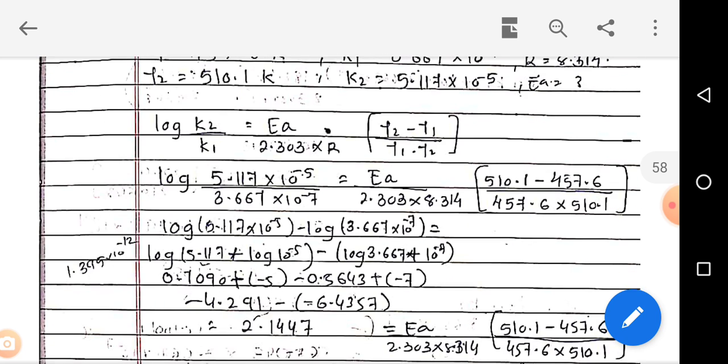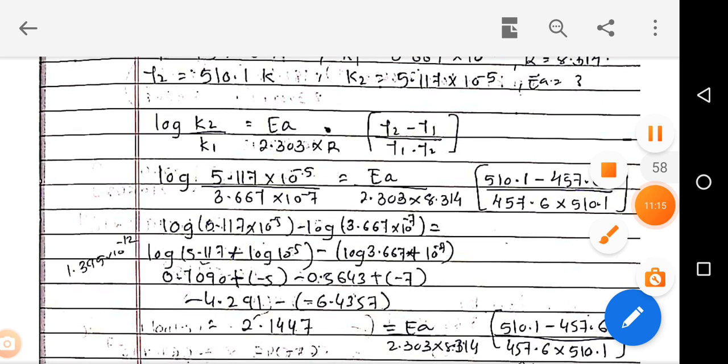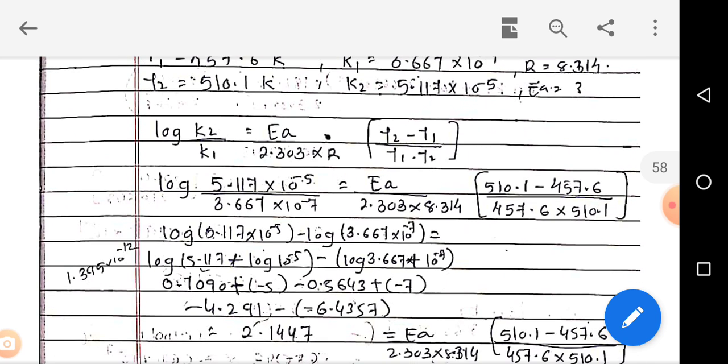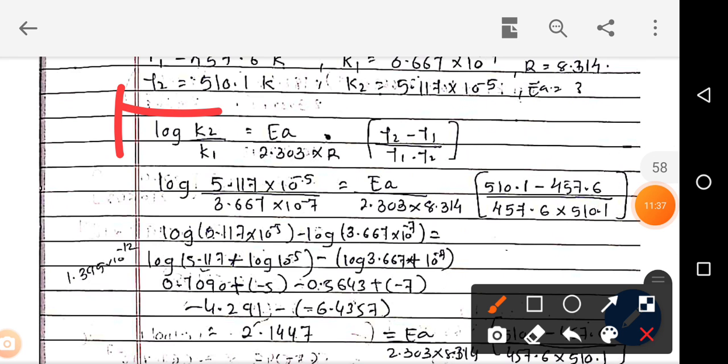Putting these given values into the formula and simplifying: log K2 divided by K1 is equal to EA divided by 2.303 into R. This is our main formula.